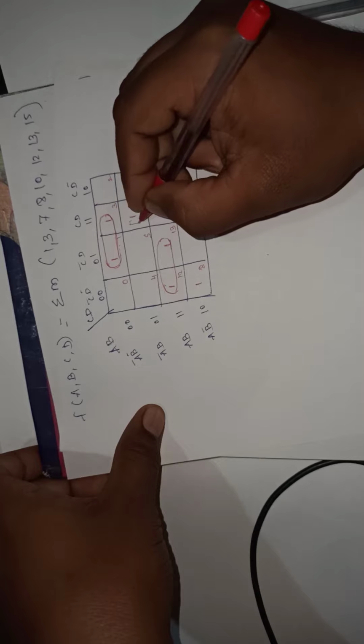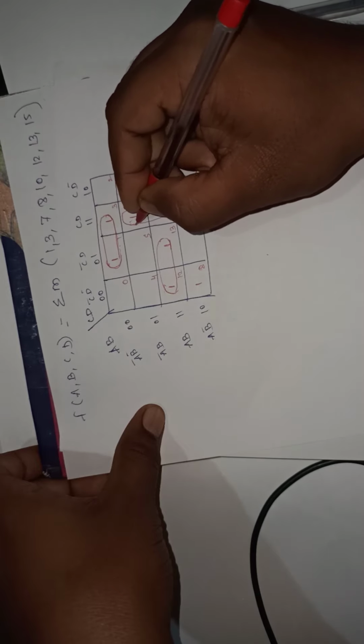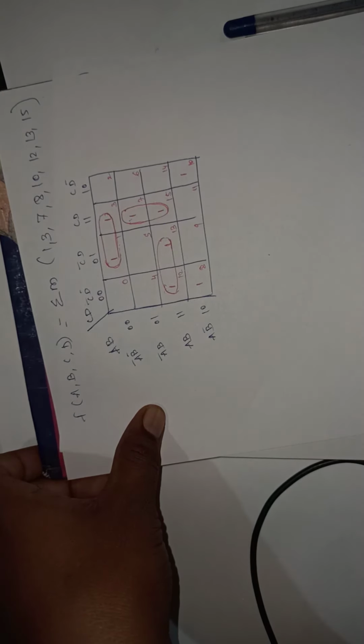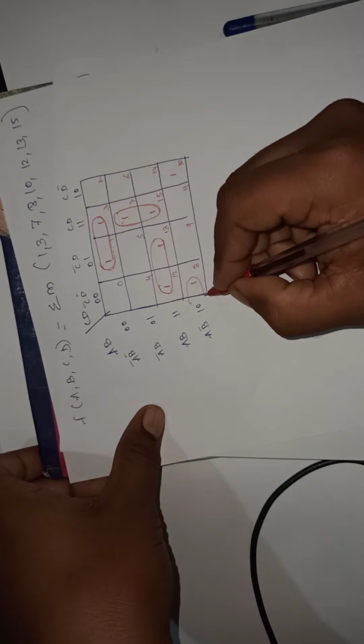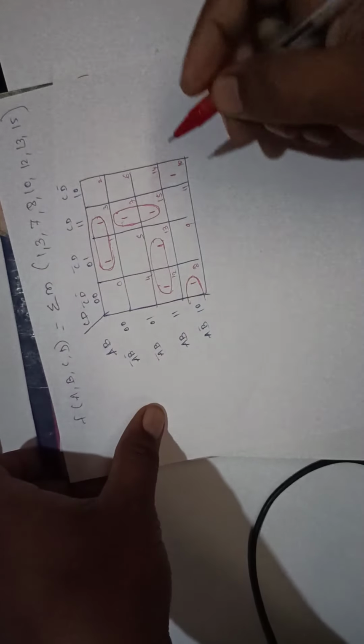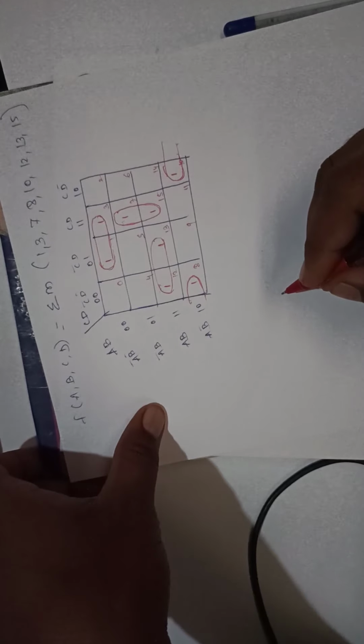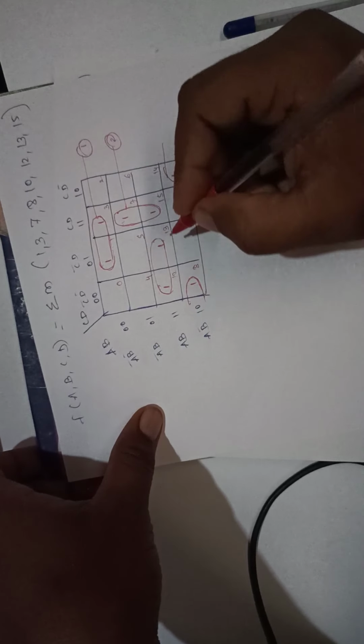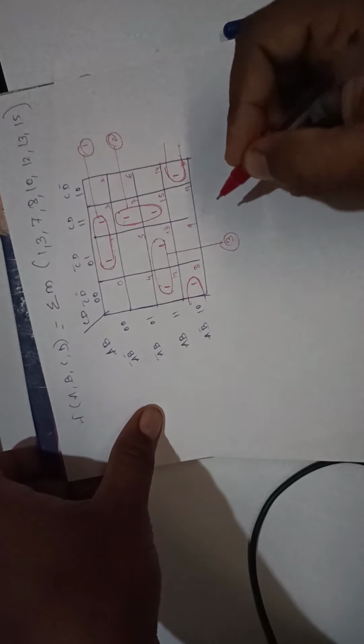Here is also another pair, and here is another pair we have to make. Okay, these are the four pairs. I will give the number 1, here 2, this one is 3, and this one is 4.